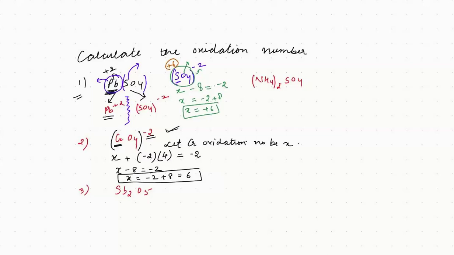Next we have Sb2O5. So here you have to calculate the charge of Sb. So if you are given a compound, how do you know whose charge you need to calculate? See, by rules, you know that fluorine will always acquire a -1 charge in the combined state.